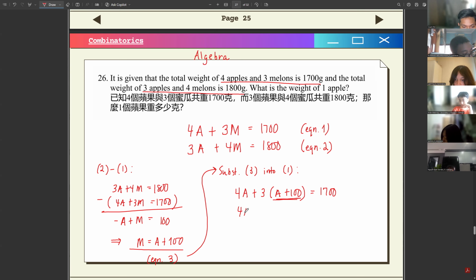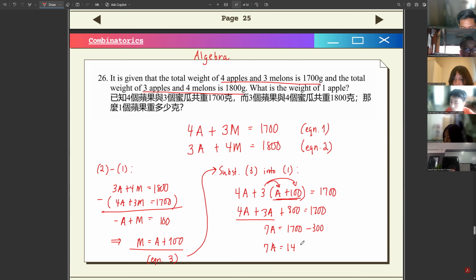We have 4A plus 3 times A, that's 3A. 3 times 100, that's 300, equals 1,700. This is 7A. We have 1,700 minus 300 when we transpose this to the other side. 1,400, divide both sides by 7. Meaning, the weight of 1 apple is 200 grams.